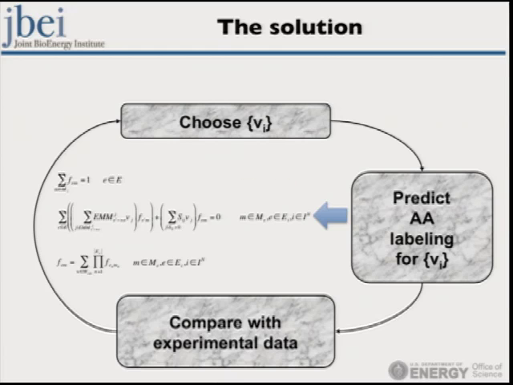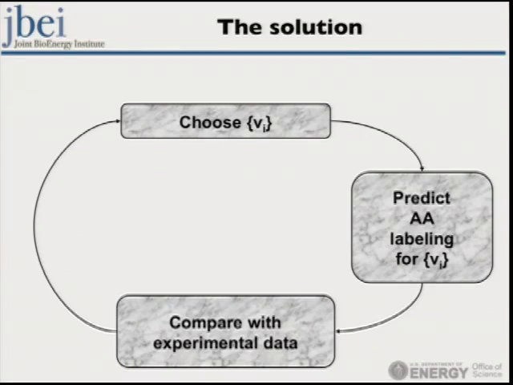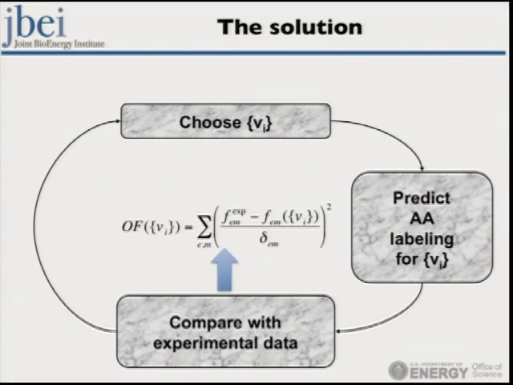I'm not going to get into the math of it, but suffice it to say that these Fs over here represent the metabolite labeling, and these EMUs and these summations here are representing the carbon transitions. But you can find the amino acid labeling for all your amino acids once you know the flux profile. Then, once you have the prediction for the amino acid labeling, you compare that with your experimental results.